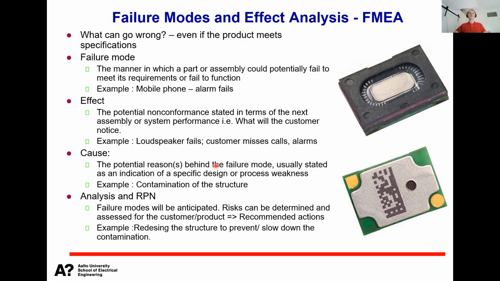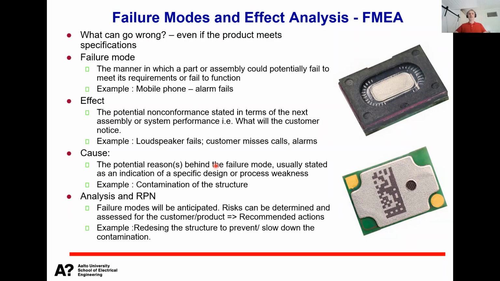So first we need to think about what the failure mode is, and now you remember our definitions. Failure mode is something which the user notices, and it's what this failure mechanism has caused. So for example, in the morning you set your mobile phone to have an alarm, and then you miss the lecture because the alarm fails.